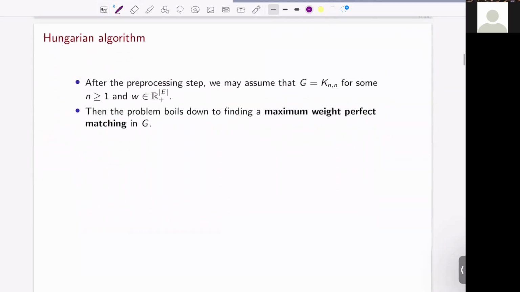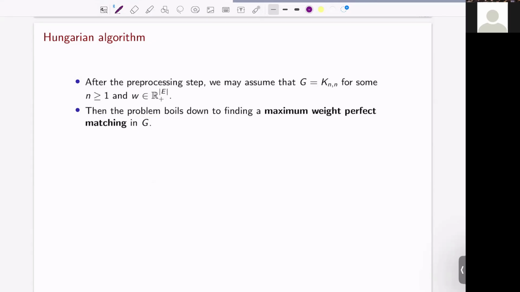Now we can explain the Hungarian method. We were interested in computing a maximum weight matching, but now we have a complete bipartite graph, and it must have a perfect matching because we have added all possible edges between vertices on the two sides. So there must exist a perfect matching.